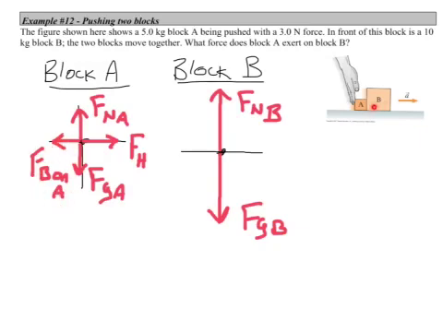So because we have this connection right here, block A pushes on block B. Newton's third law tells us that block B pushes back on block A. So then, on block B, the only force in the x direction is going to be the force of A on B. And those two forces are the action-reaction pair between these two objects. So those two are the action-reaction pair here.